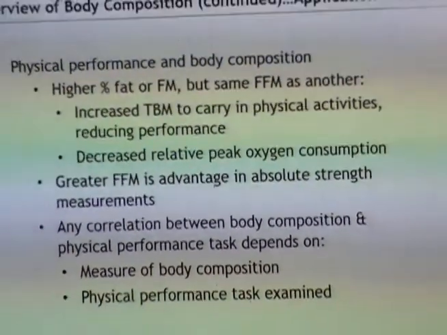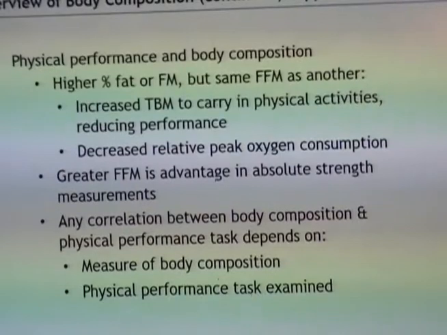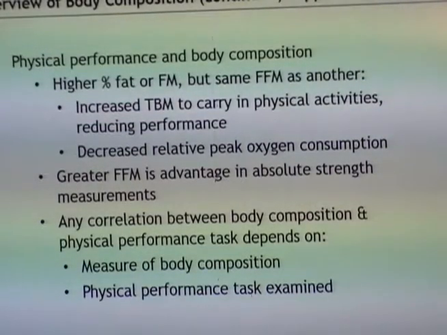Composition and performance. So we're looking at skill sets, right? Then it's relatively, I think, easy for you to get the hang of the idea that if I have a higher percentage body fat but I've got the same fat-free mass as someone else, then I'm going to be at a disadvantage, particularly when we're looking at movement skills that involve air time.